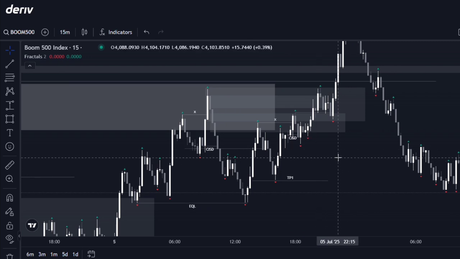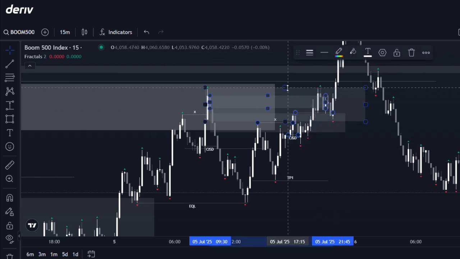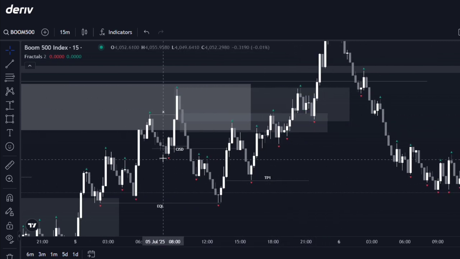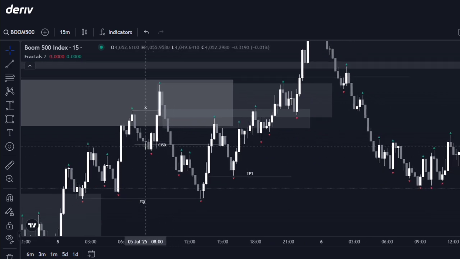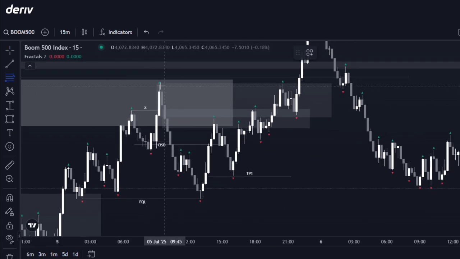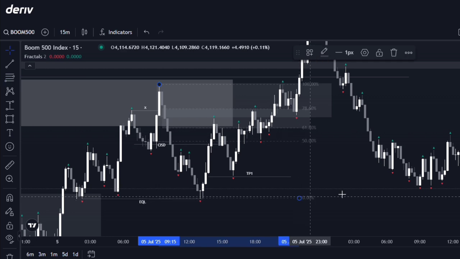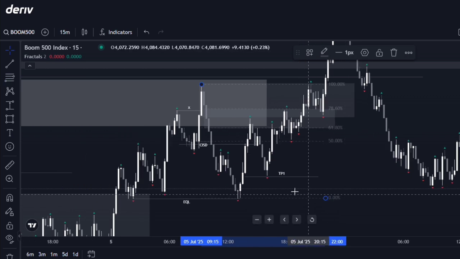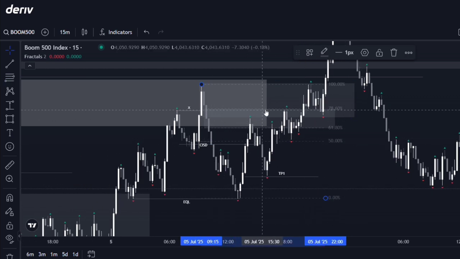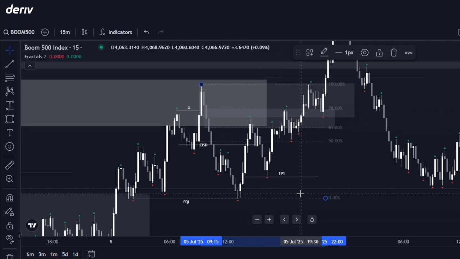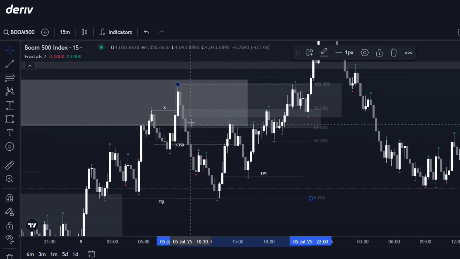At the time I was looking at this chart, I had not drawn all of this area. After this change of state of delivery, we took our fib, drawing from the high all the way to the low. What we were looking for was a retracement into a suitable premium area to sell from. We usually sell from our OTE, which is between the 0.618.